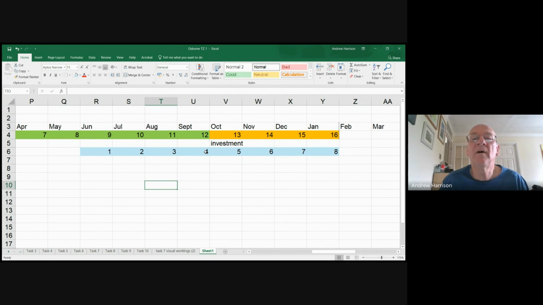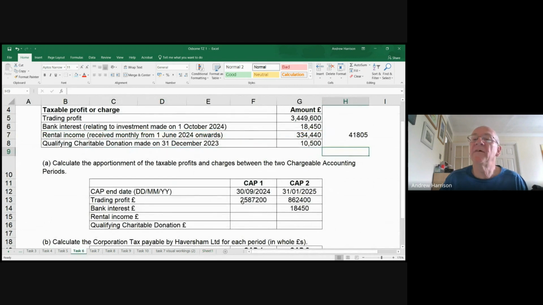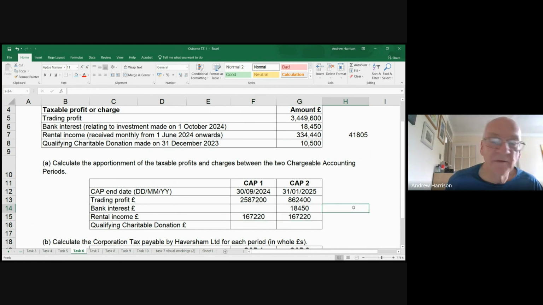But actually, having done it visually, we've got half of it in the one cap, half of it in the other cap. Either way, it's coming to the same number. I'll do it the simple way. So 167,220. And then the qualifying charitable donation, 31st of December 23.